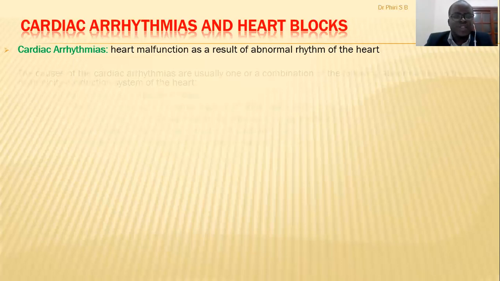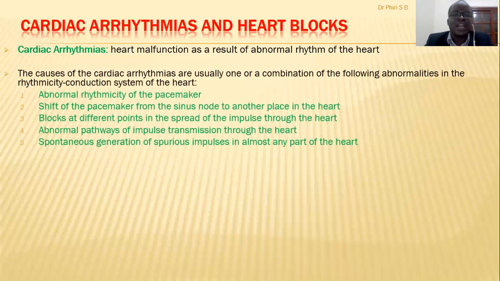So there are different causes of these cardiac arrhythmias. The causes are usually one or a combination of the following abnormalities in the rhythmicity and conduction of the heart. It could be one of the factors listed here, or a combination of two or more.